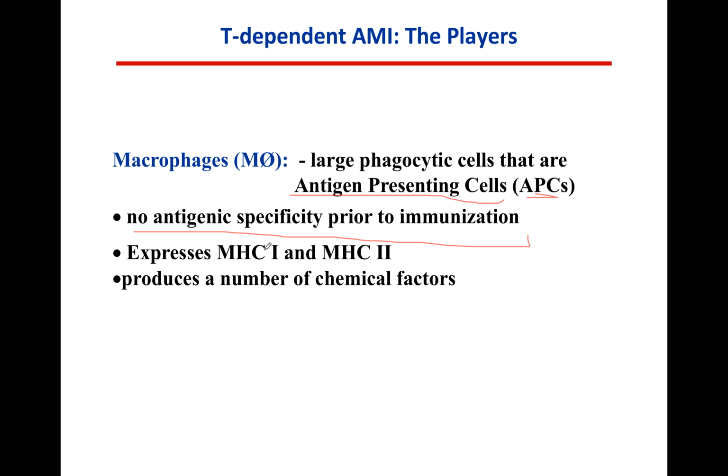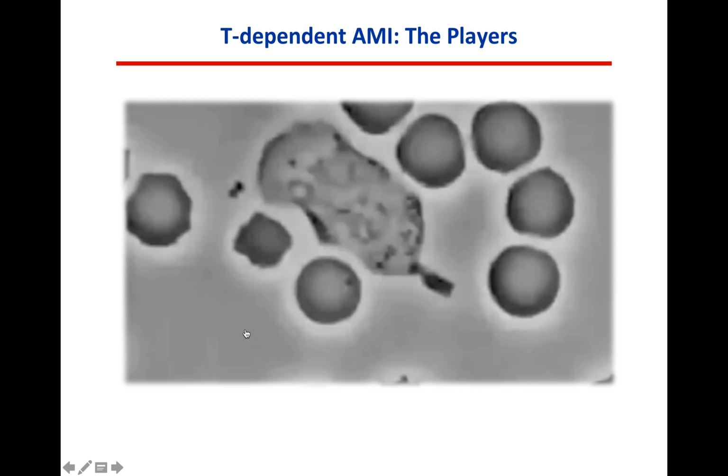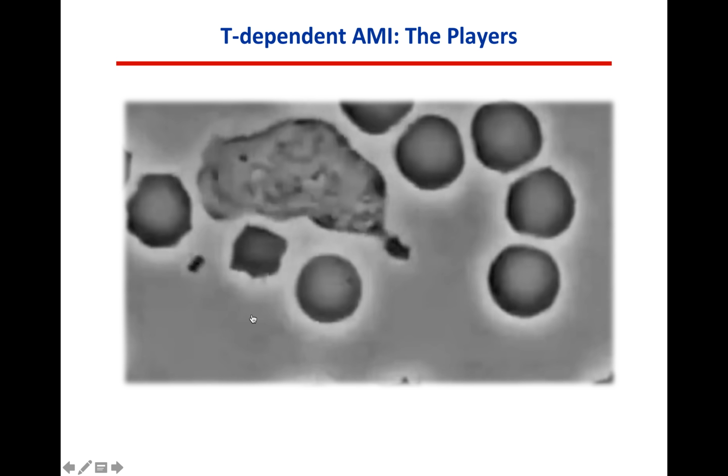They do express two molecules, which we're going to go into in detail shortly: major histocompatibility complex 1 and major histocompatibility complex 2. We're going to talk about that later, so don't worry about that. And it also produces other chemical factors in response to its interaction with the antigen.